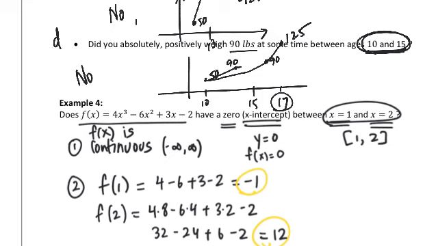If your function is changing sign, then it must have gone through a y value of 0. On the x-axis, y is equal to 0. So this is another example of the intermediate value theorem.